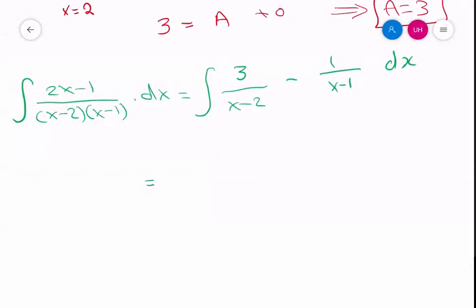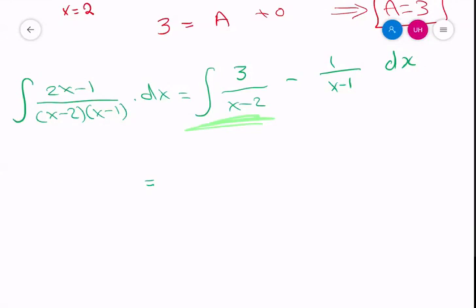Franciscus, the first one. What's the answer going to be for the first integral here? For this 3 one, ln x minus 1. We put the 3 on the outside, can we?